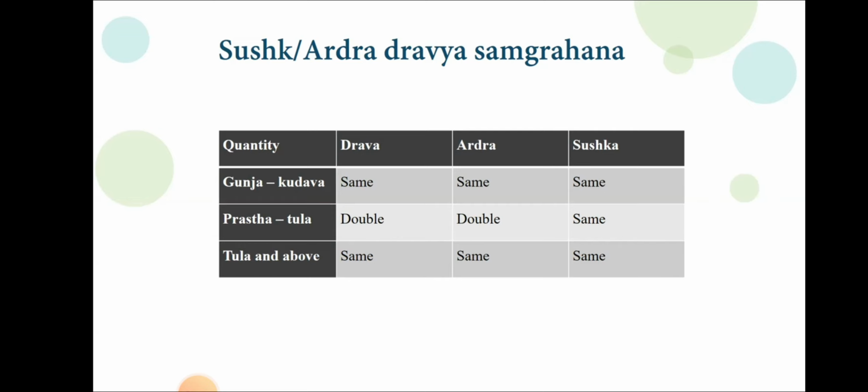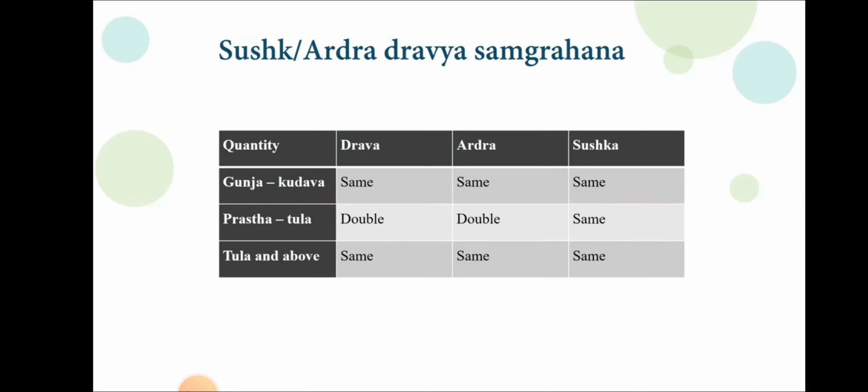We don't have to double the quantity. All the mana between Gunja and Kudava will be considered the same: Gunja, Shana, Kola, Karsha, Shukti, Pala, Prasrata, and lastly Kudava. If the quantity mentioned is Shana also, you have to take the same quantity of Drava, Ardra, Shushka.